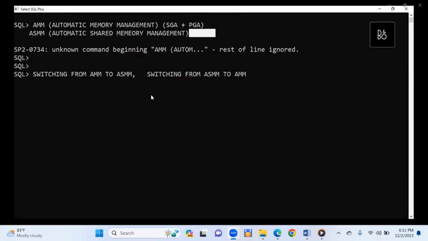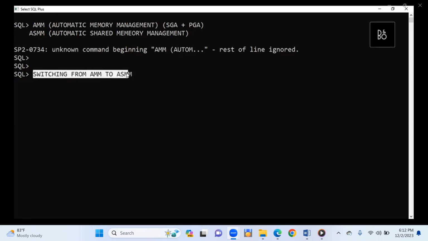I want us to start from this perspective: switching from AMM to ASMM. That is where I want us to start. How can we switch the memory from AMM to ASMM? I'm going to give you a step-by-step guide.